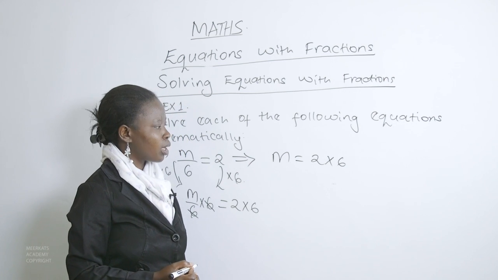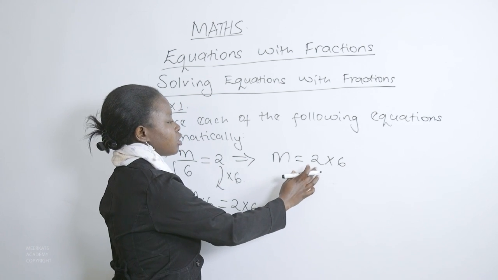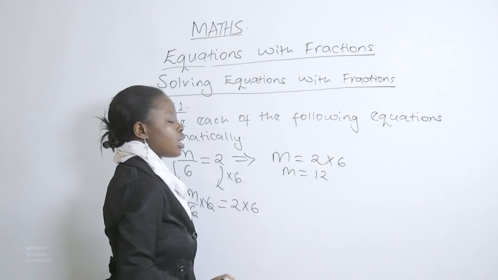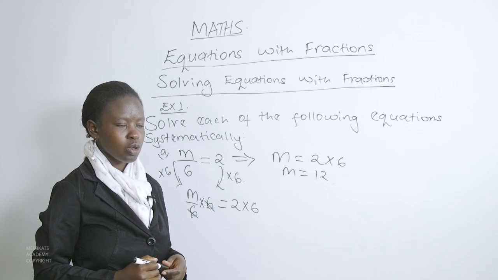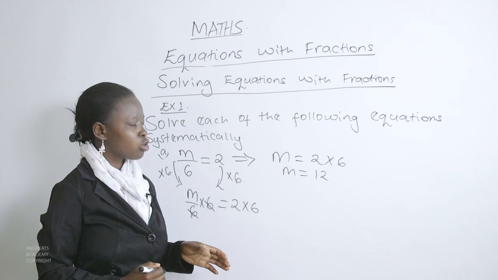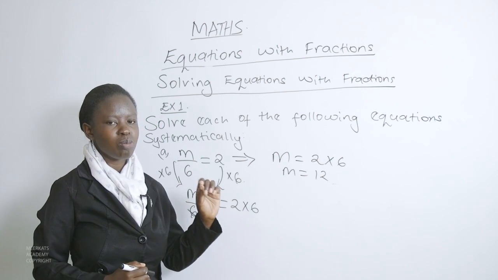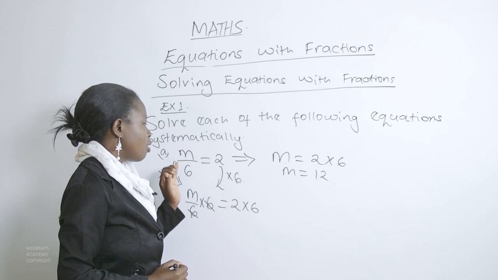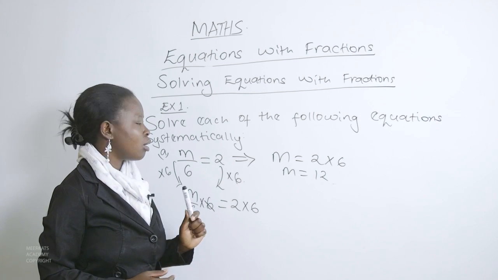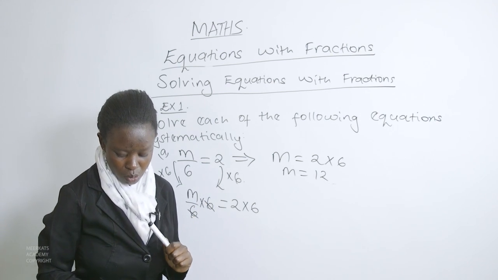From our multiplication tables, 2 times 6 is 12. So the value of m is 12. The systematic solution to this equation is simply multiplication by 6 on both sides, so we have only one step to carry out.